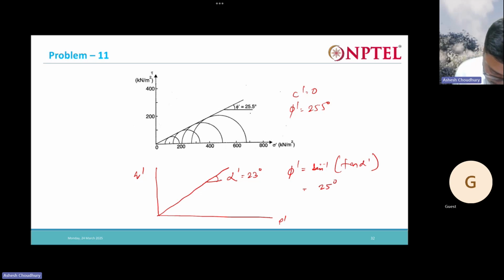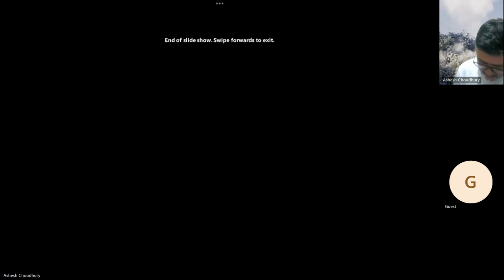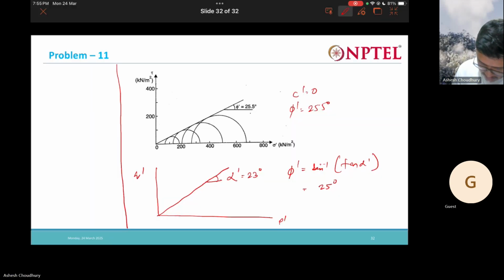One more thing I will give you, not related to this. Say you have a plot like this, this is Q prime, this is P prime. You get a modified failure envelope like this, the KF line.